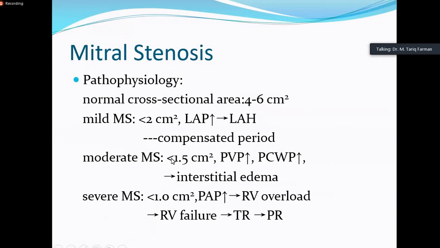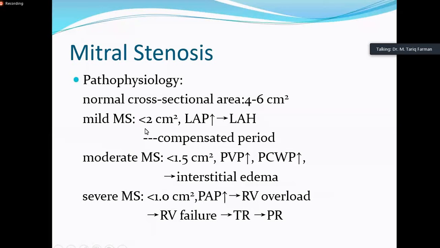So it is called progressive disease. And from 1 to 1.5 centimeters square, it is called severe disease. And less than 1.0 centimeters square, it is called very severe disease. So in the newer classification, the division has changed, and now we call progressive MS, severe MS, and very severe MS.